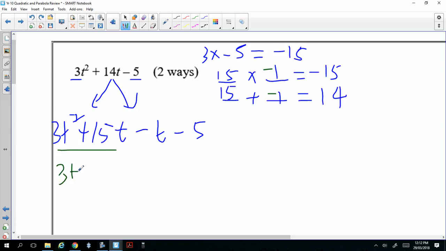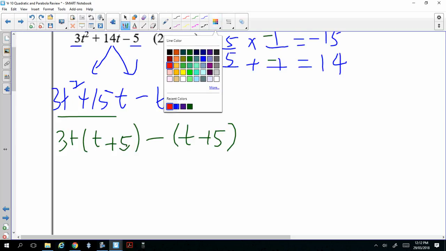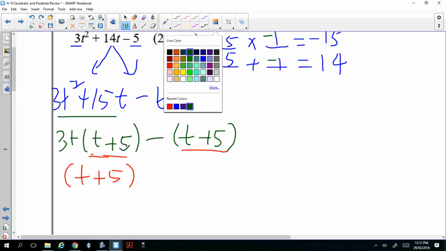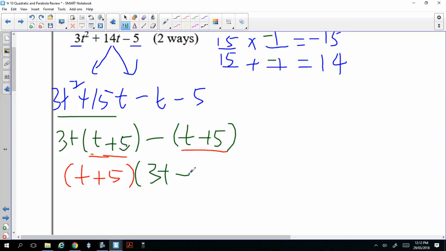And the other one, there's a common factor of negative, giving negative bracket t plus 5. And you notice that there's a common factor appearing. So the common factor is t plus 5. So you take t plus 5 out, and the rest goes in the second bracket, 3t minus 1. So when there's no number, it's an invisible 1. And that's done.